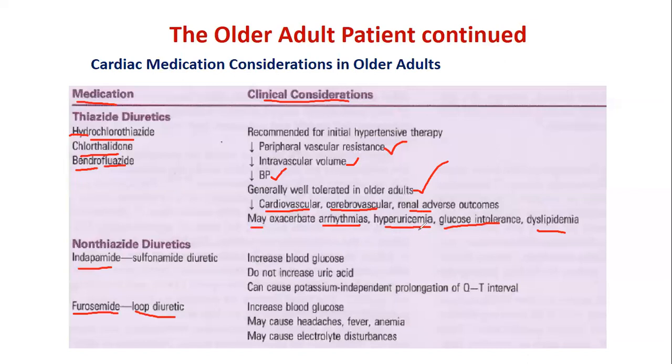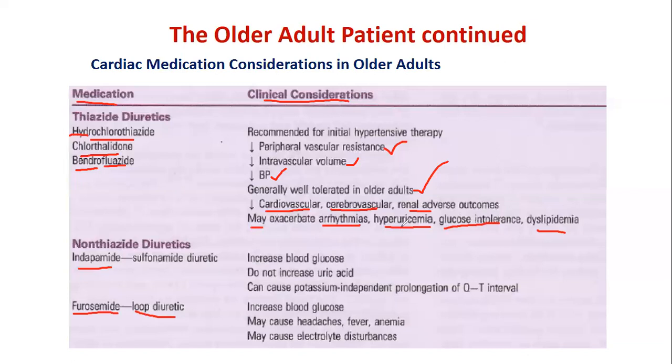So if your patient has gout, it will be increased. Blood glucose intolerance. So if your patient is diabetic, it is important to educate your patient about the adjustment of insulin or metformin, because thiazide causes impairment of glucose tolerance, and also hyperlipidemia has a chance to develop.